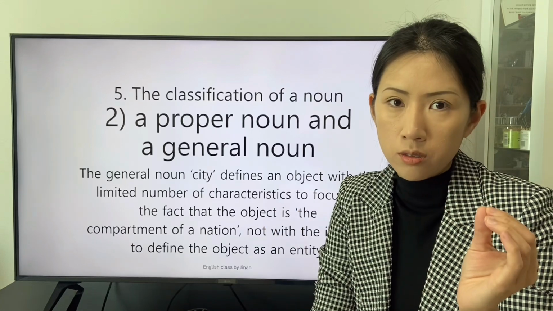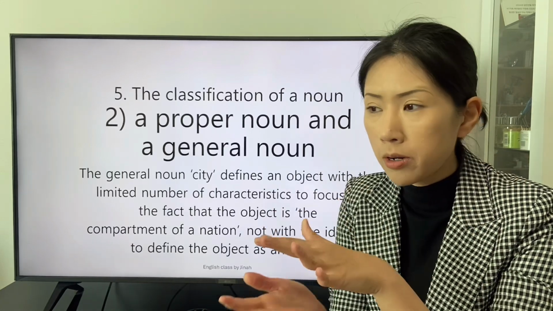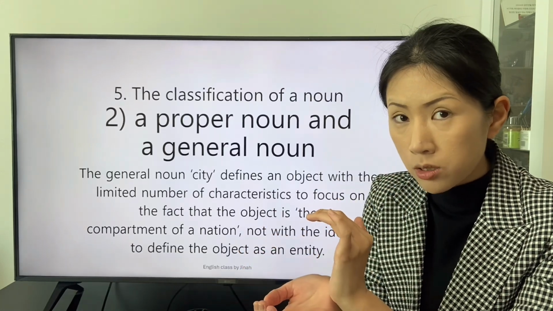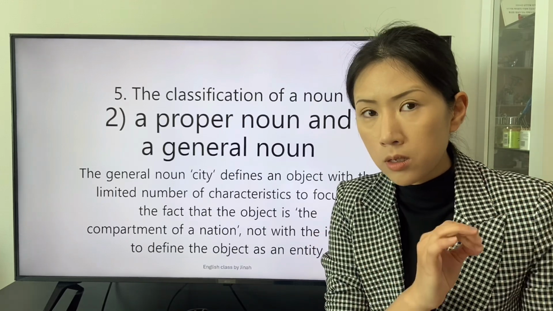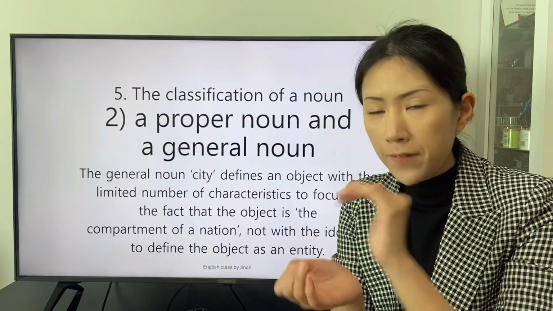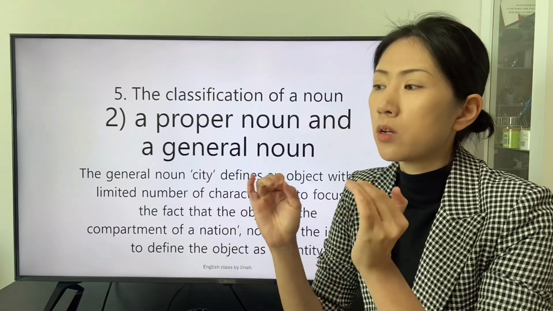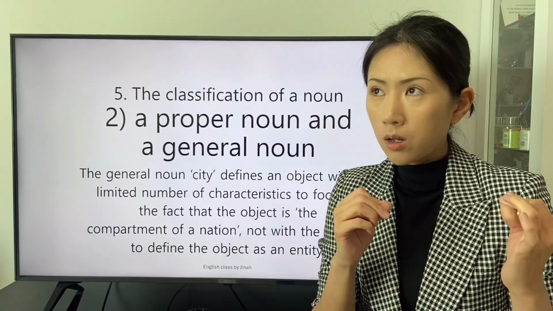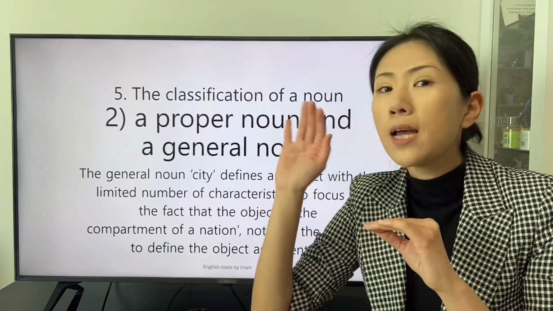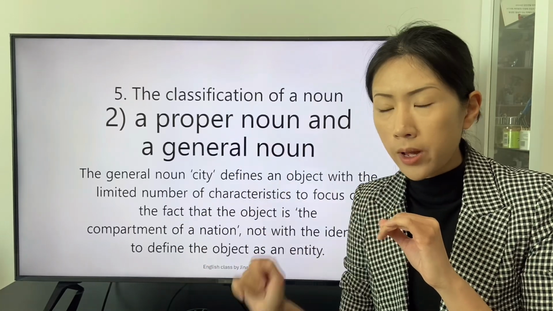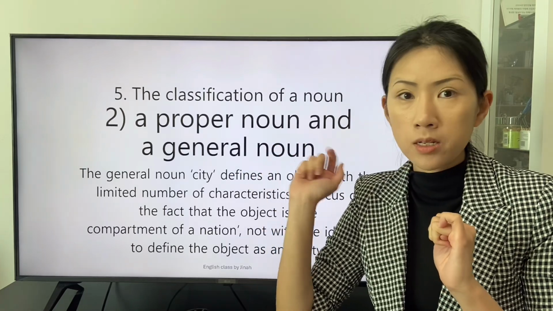Compared to the proper noun Seoul, the general noun city is defined with some definitions, like limited numbers of definitions. The limited numbers of definitions of the noun city are accorded with many other cities as well, like Tokyo, Paris, New York City.